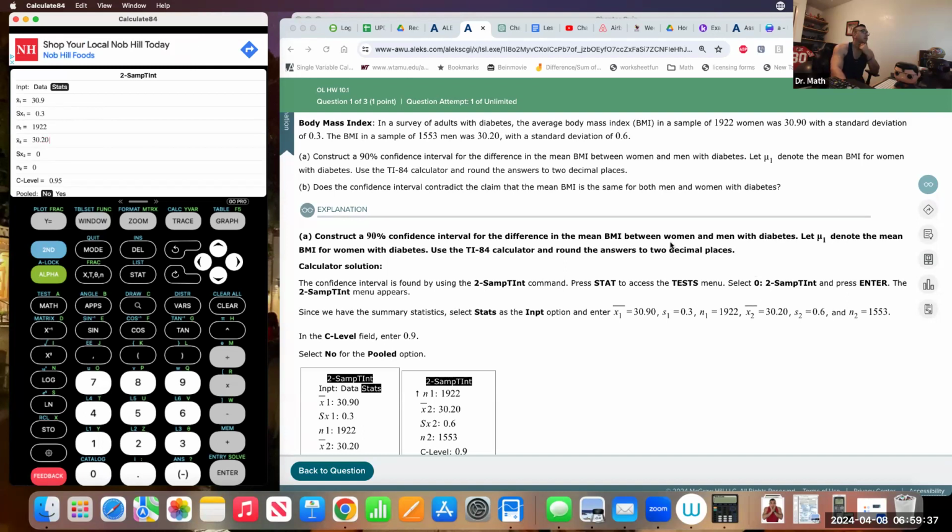My calculator work, I think you can. Let me just make sure that it's sharing the entire screen. Yes, I just want to make sure I'm sharing my entire screen. Then we have the second sample standard deviation of 0.6. And then n sub 2, which is 1553.